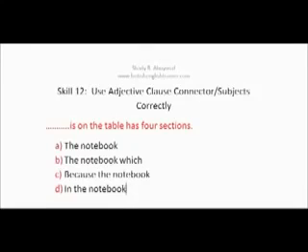And then we've got the choices. A, the notebook. B, the notebook which. C, because the notebook. And D, in the notebook.